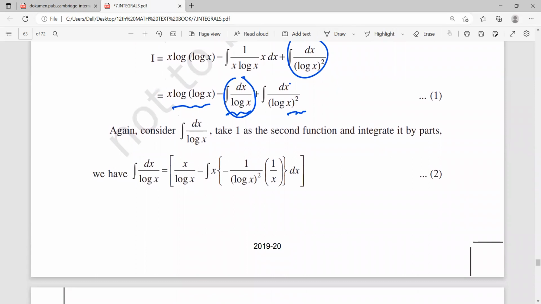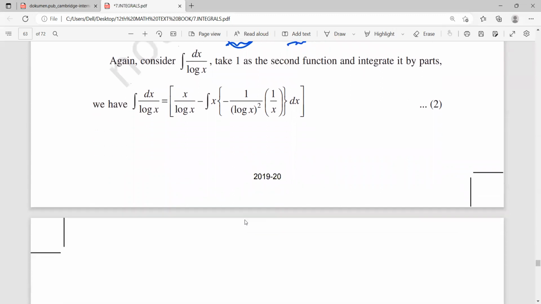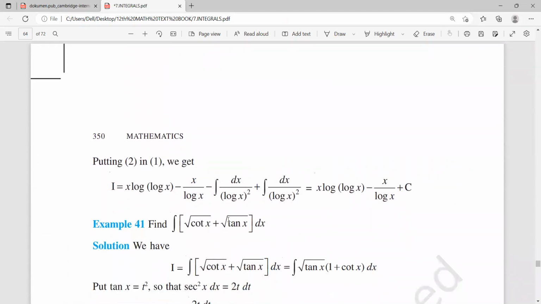Okay, now we integrate this. If you integrate this one, now you should take 1 by x into 1. So this is how you get it, and this part gets cancelled.